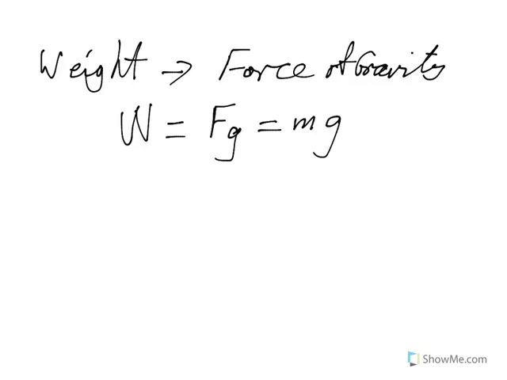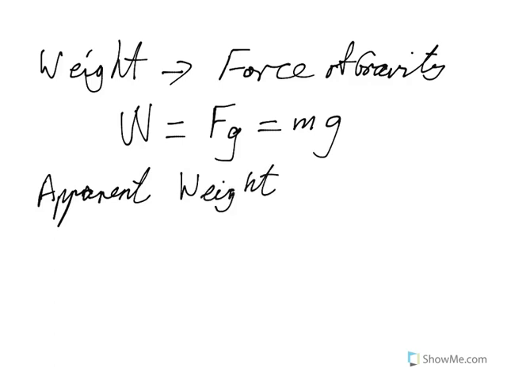So that then leads us to the concept of apparent weight. So we've got the real weight, mass times gravity, and then we've got this thing called apparent weight.